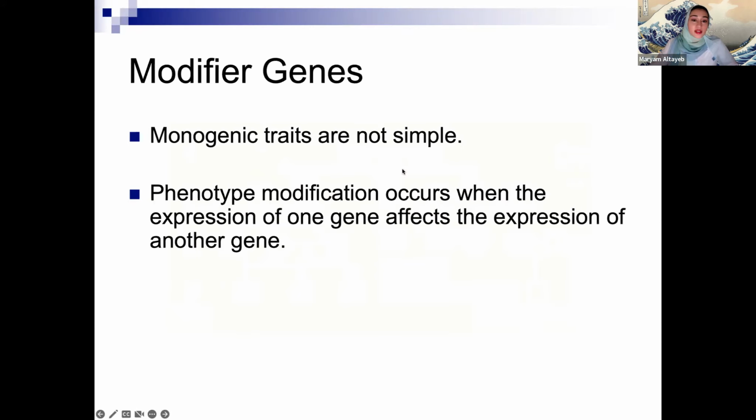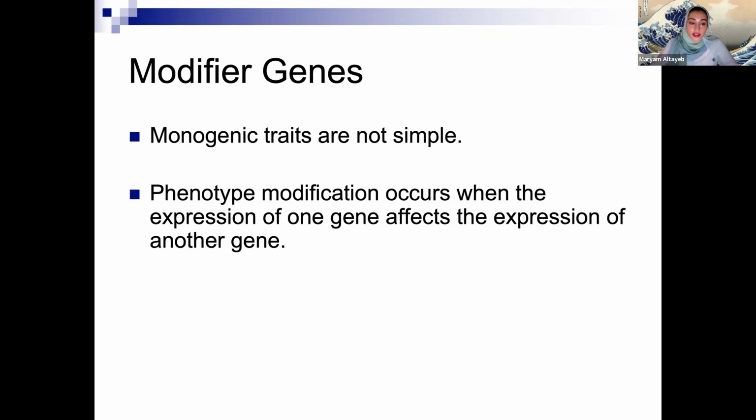So we have stuff called modifier genes, meaning that monogenic traits, remember mono meaning one, genic referring to genes, these traits are not that simple, although, you know, we wish everything could be black and white, but of course, as with life, there's a lot of nuance. So what happens is there's modification of these genes that affects its expression.